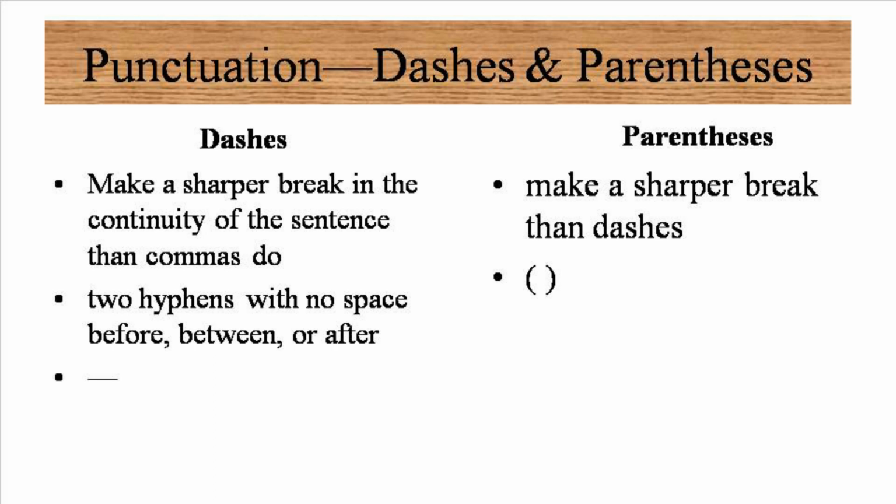Dashes, they make a sharper break in the continuity of the sentence than commas do. Two hyphens with no space before, between, or after is done to type a dash. Parentheses make a sharper break than dashes.